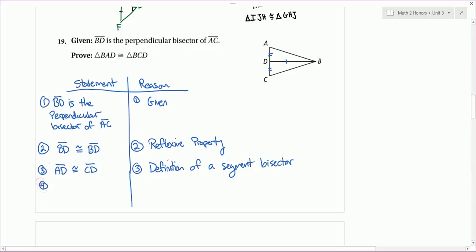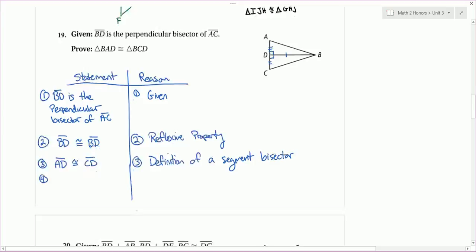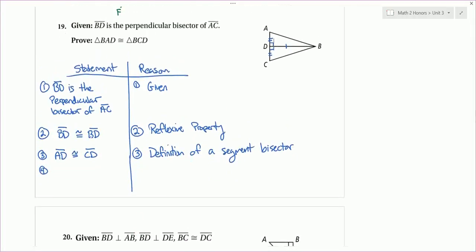Fourth statement, we can say that both angle ADB and angle CDB are right angles, and thus they're congruent to each other. So angle ADB is going to be congruent to angle CDB.